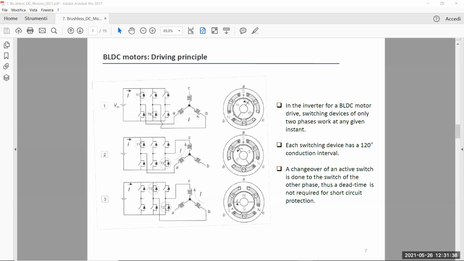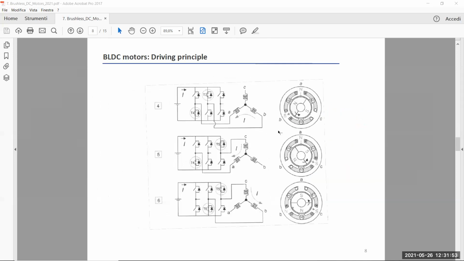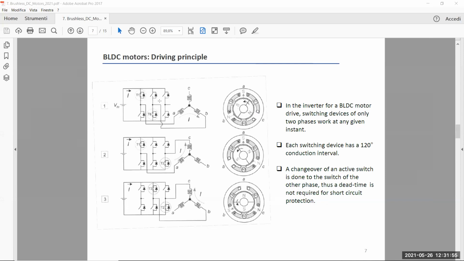So yesterday we talked about the main operating principle of the brushless DC motor, which is summarized in these two slides, this one and this one. We have 6 operating modes in which just 2 legs out of 3 of the standard 3-phase inverter are activated.